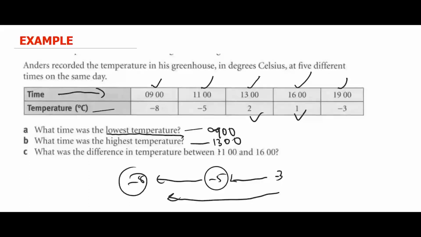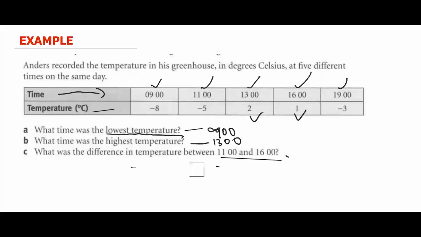Okay, and the last question is, what was the difference in temperature between 1100 and 1600? That means you move from 1100, that's in the morning, to 1600 in the afternoon. Okay, so at 1100, the temperature was -5 degrees Celsius.